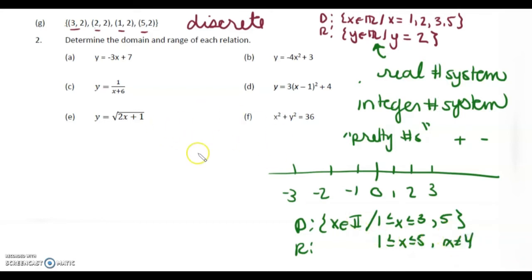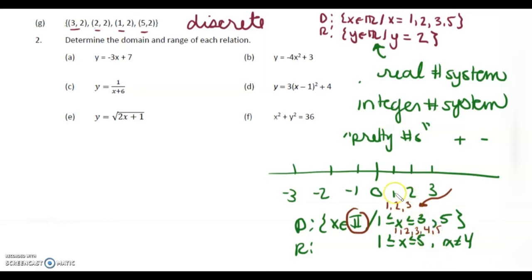And what that does is, because you've specifically said I'm talking about integer values, it doesn't make this continuous like the real number system. It makes it only the integers between 1 and 3. So the integers between 1 and 3 are 1, 2, and 3. The integers between 1 and 5 are 1, 2, 3, 4, and 5.